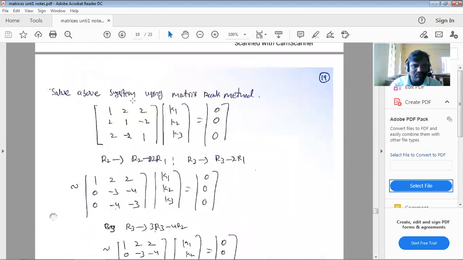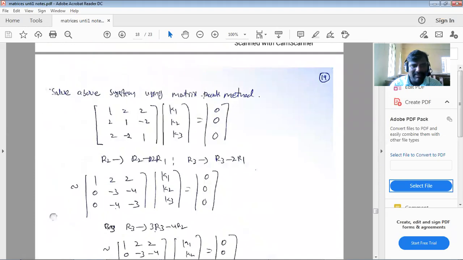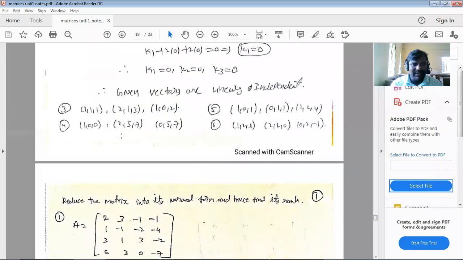The third vector 2, minus 2, 1 becomes the third column. Therefore, what you observe here is that when the vectors are given as row vectors, when you write them in matrix form, you have to write them as columns. Then you have to find the rank.